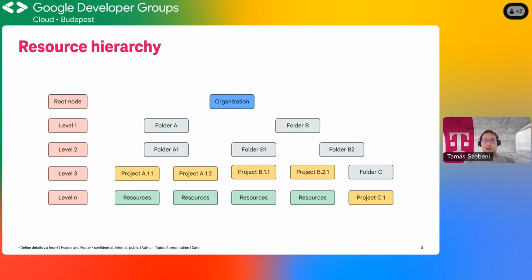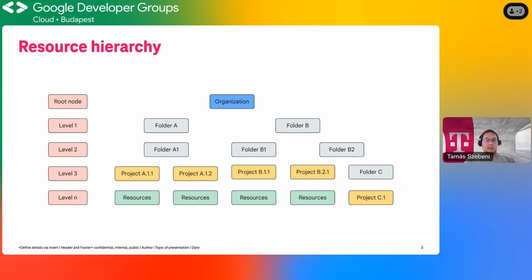Next, let me mention the first pillar, which is the resource hierarchy. For GCP, without an organization resource node, which is provided by registering into Cloud Identity or Google Workspace, you can just have projects and you can create your resources within those projects. It works for personal use, but it does not work for companies.